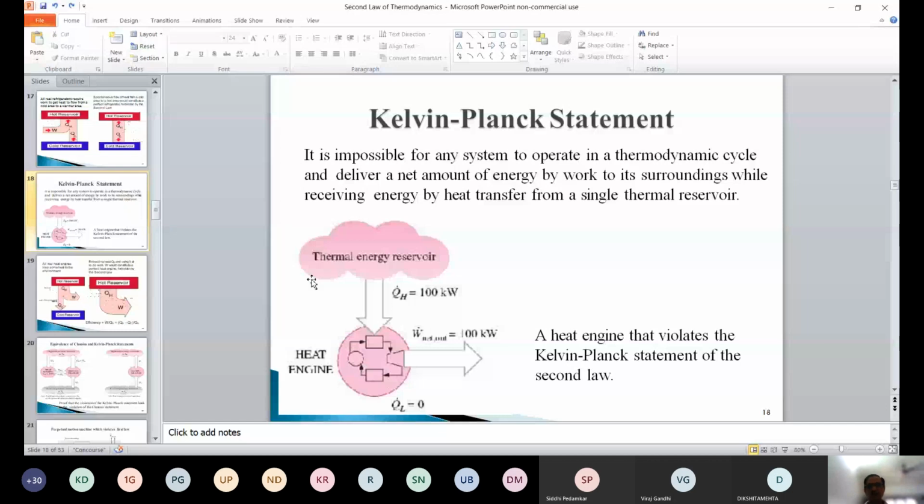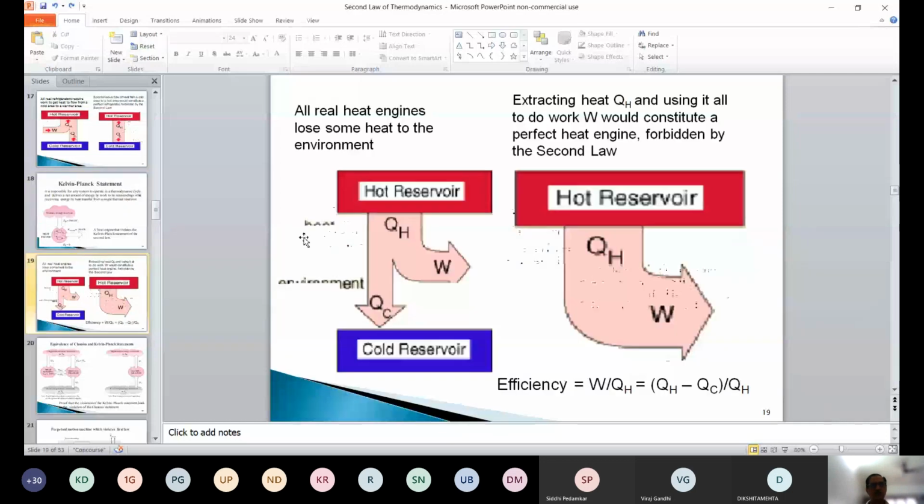So this system is violating the Kelvin-Planck statement. That means it is converting energy from a source to work without rejecting any to the environment. All real heat engines lose some heat to the environment.